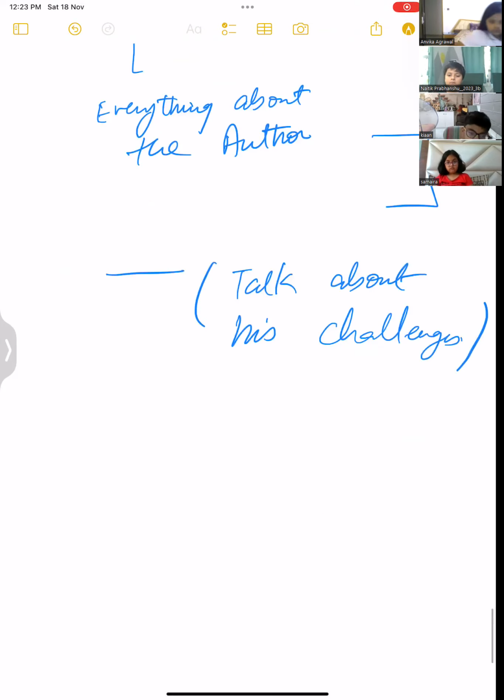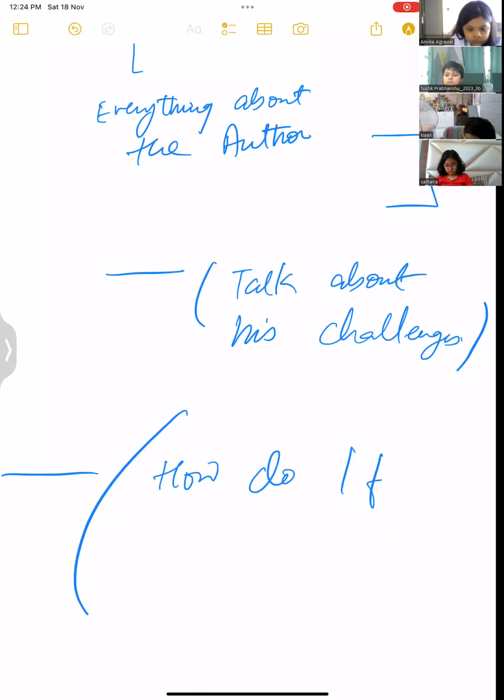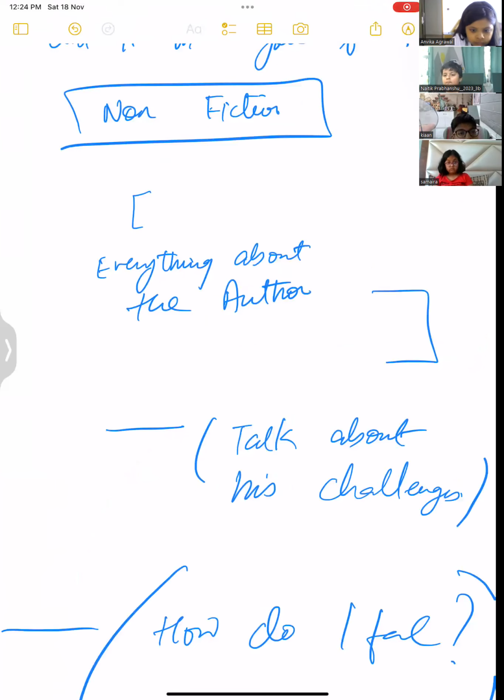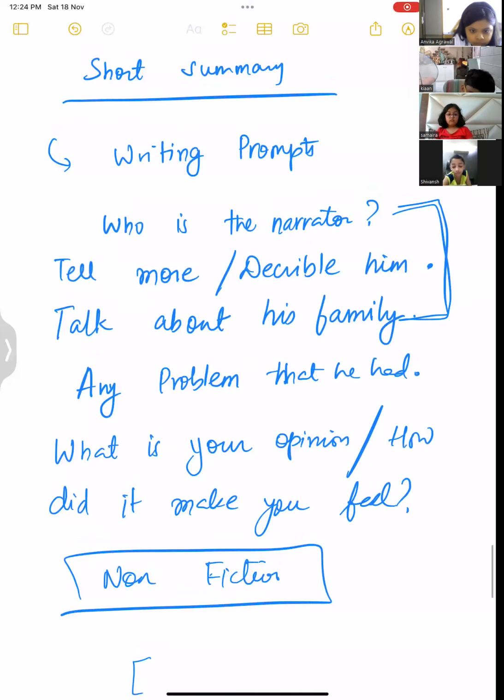In the last paragraph, I'm going to say how I feel. And that's how my summary is going to end. Now, this structure is very important for younger children because we don't know what to write. I'm going to brief you again. Take a screenshot. I'm going to share it in the group also. Okay.